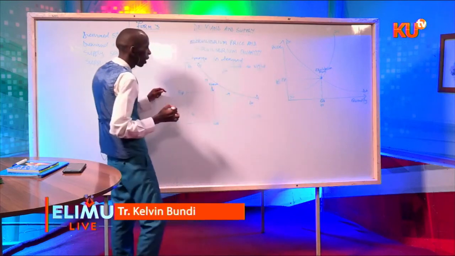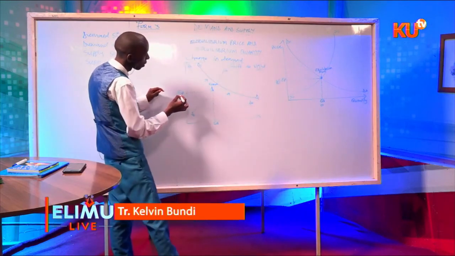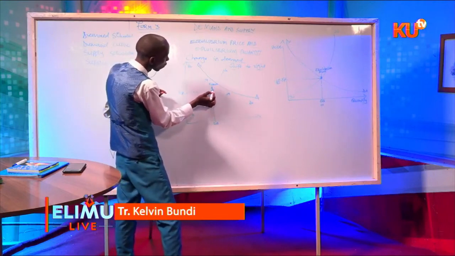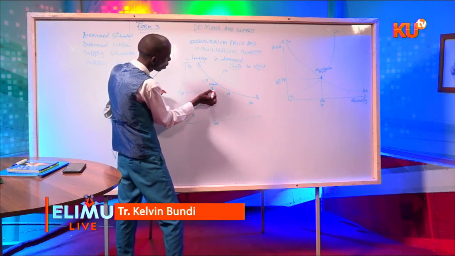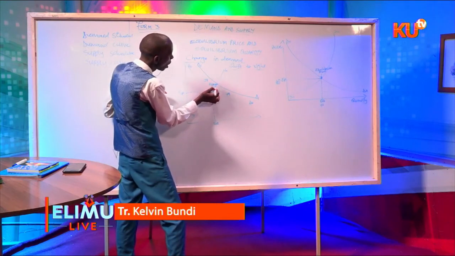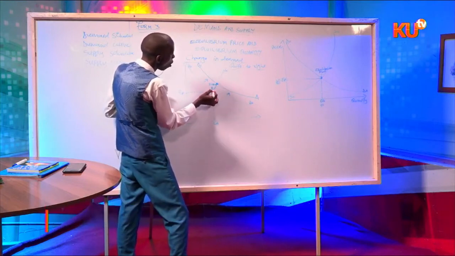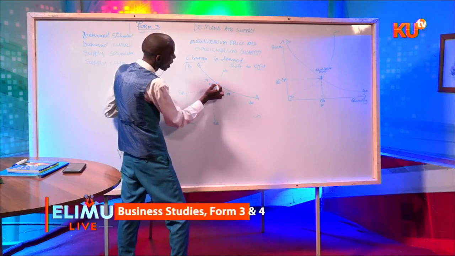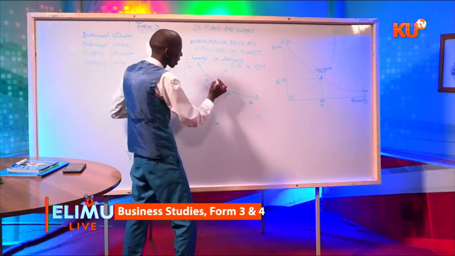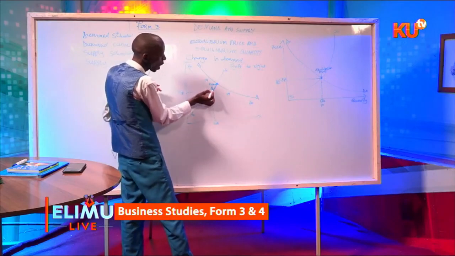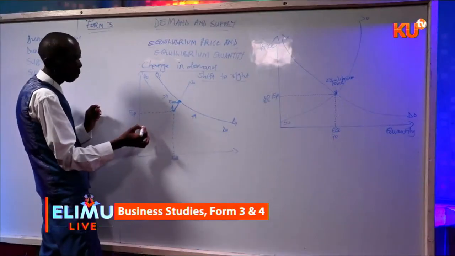Now I want you, my dear student, to look at this carefully. If there is a shift in the demand curve to the right from D0 to D1, the equilibrium point moves upward and to the right. Just see how the movement is occurring. This is what you are supposed to explain in your exam.